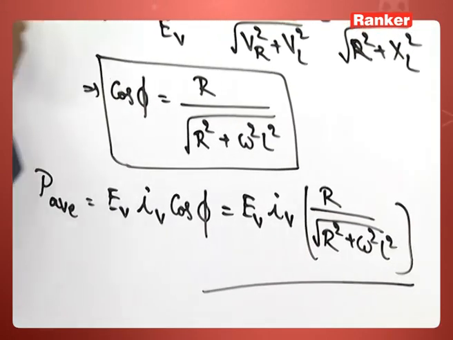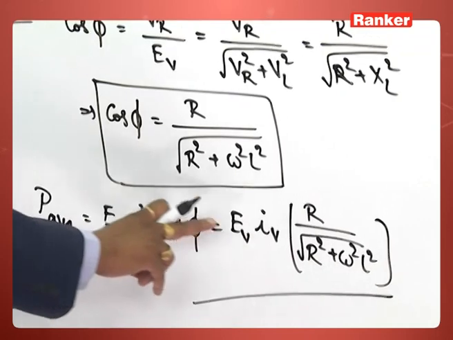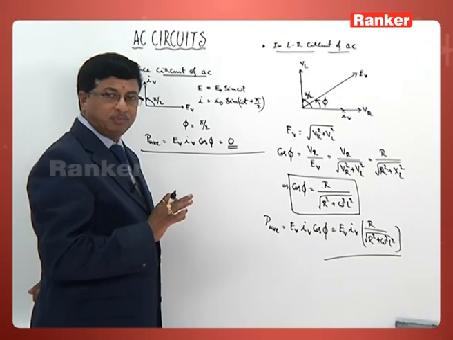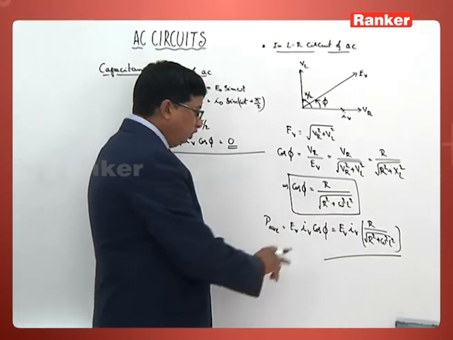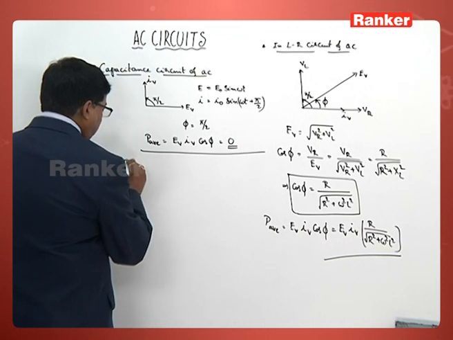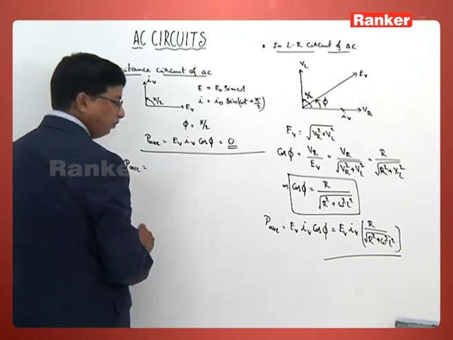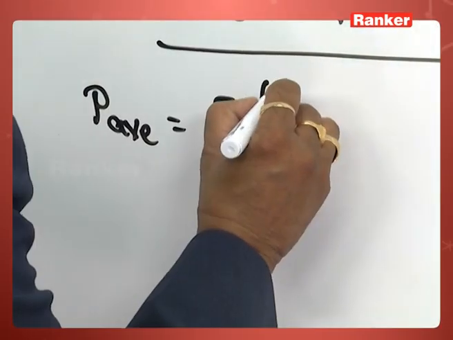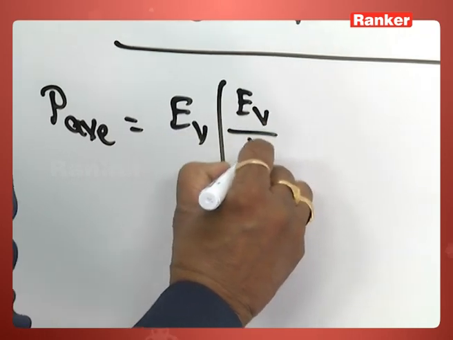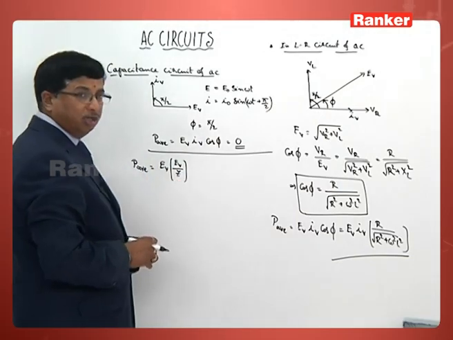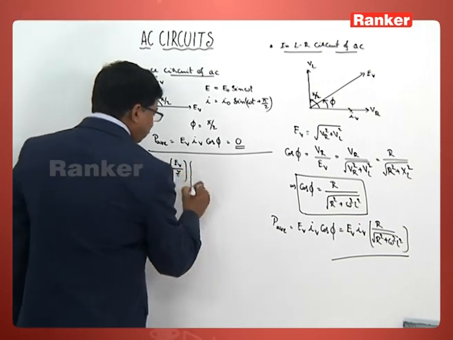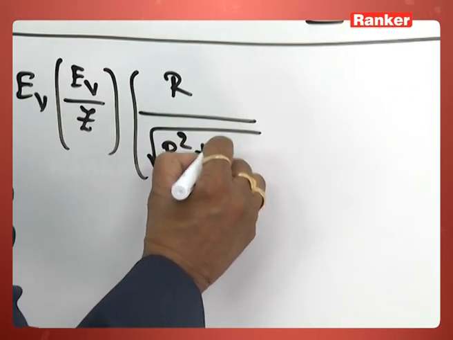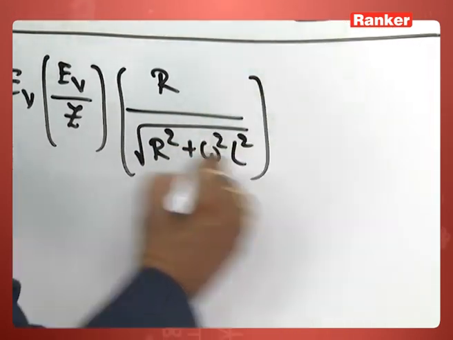One more form you better remember this way also. According to Ohm's law, I can be written as E by Z. Now in this particular case, you can rewrite it this way: average power is equal to E virtual into, in place of IV, E virtual by Z. Z is called impedance, into this value of R by root over R square plus omega square L square.